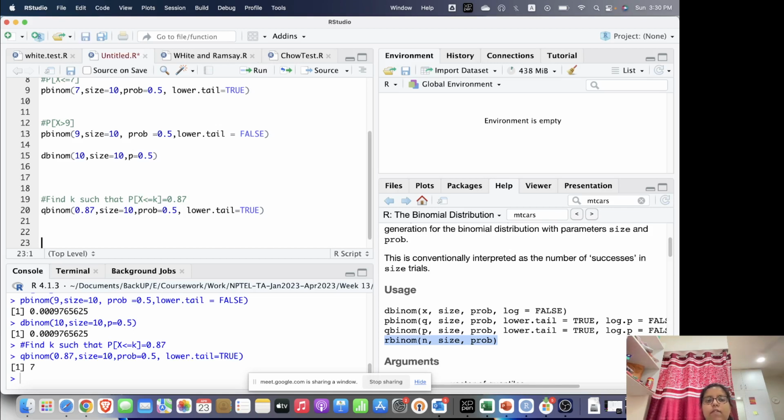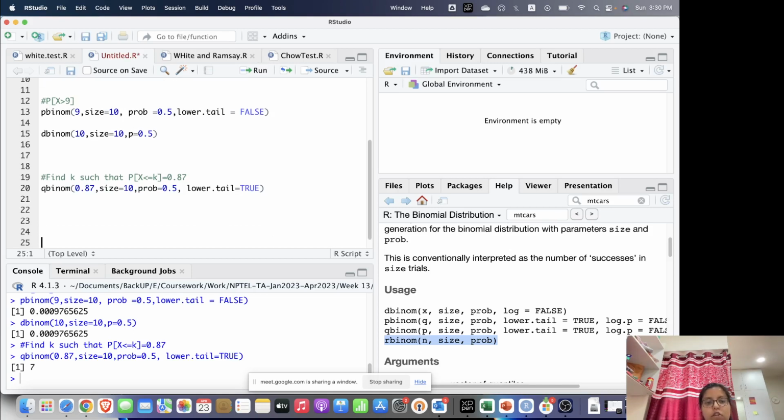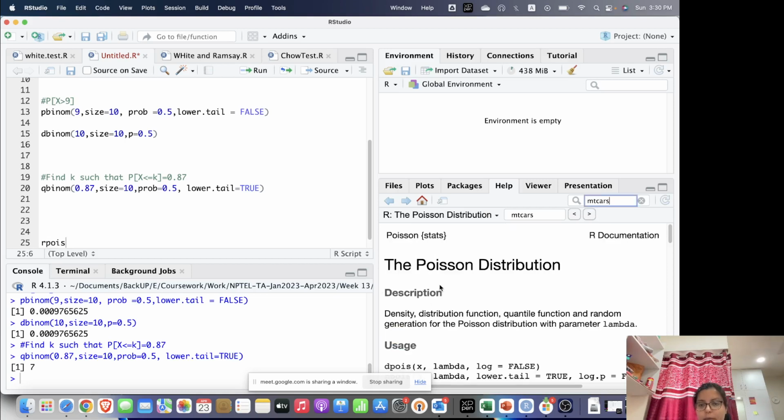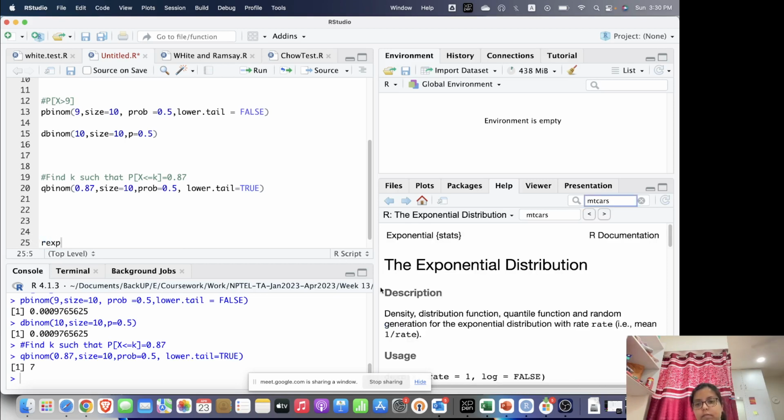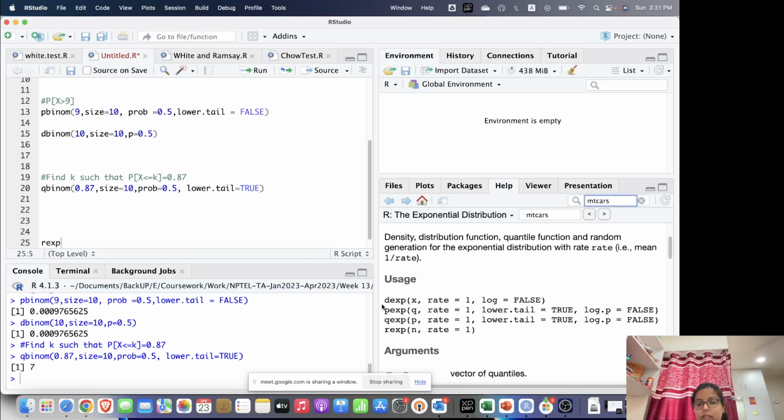So for each of the distributions we have similar functions. For Poisson, we have rpois for generation of random numbers, dpois for getting the probability mass function, ppois to get the cumulative distribution function, and qpois to get the quantiles. Similarly, for exponential we have rexp, dexp, pexp, qexp.